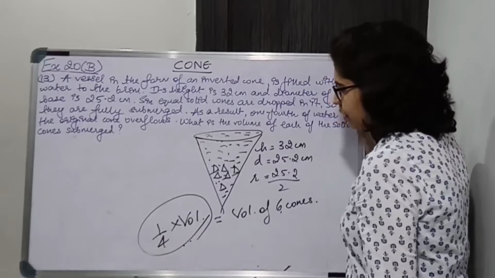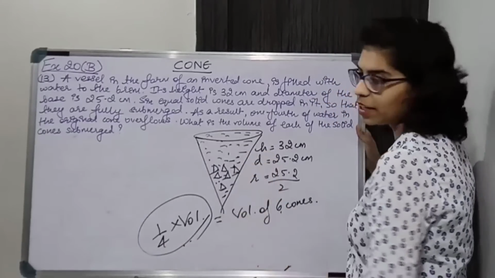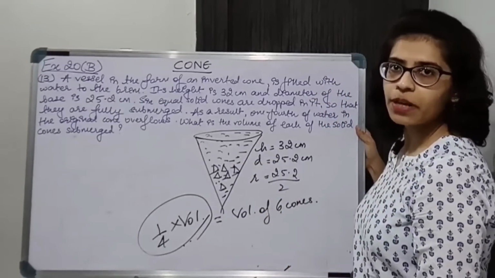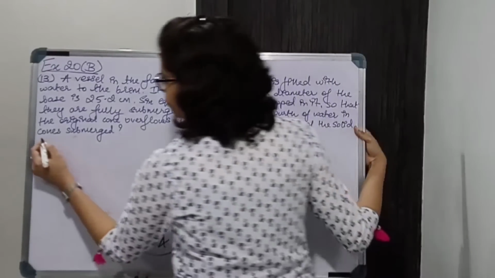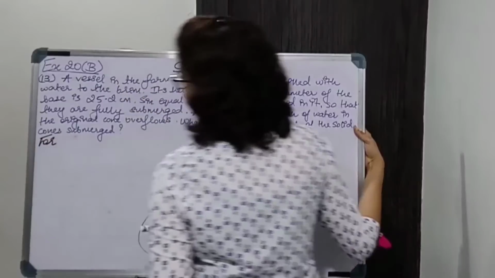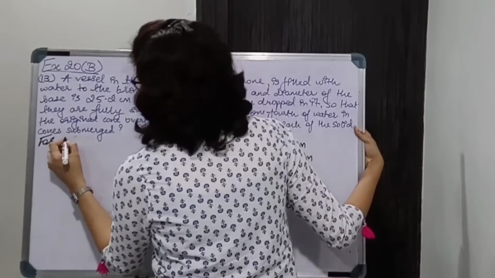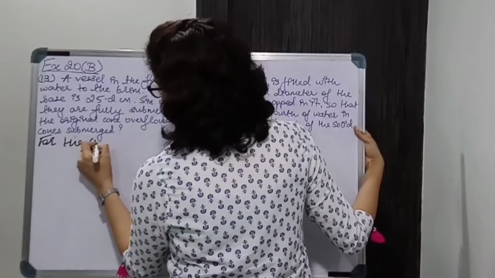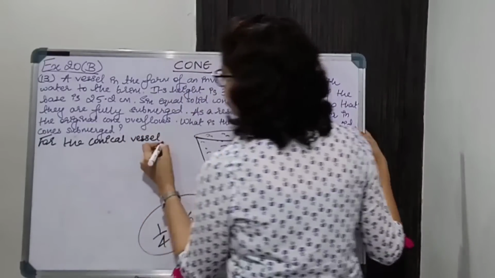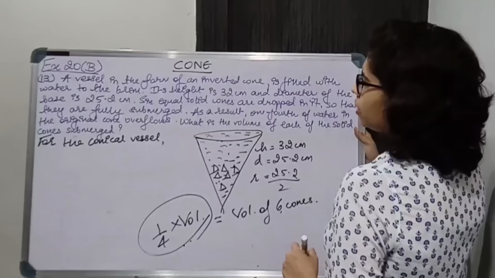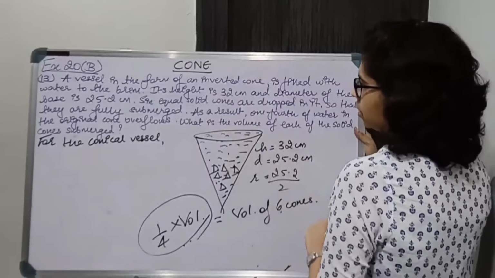This also you can easily find. We know r, we know h. We can easily find 1/3 pi r square h. So let us write down the given first. For the conical vessel, what are we given? We are given the height and the diameter.